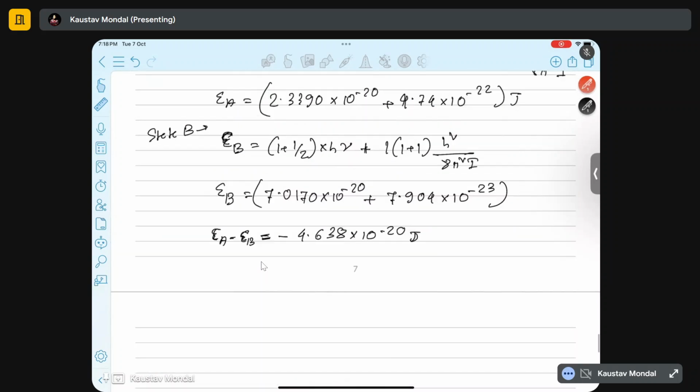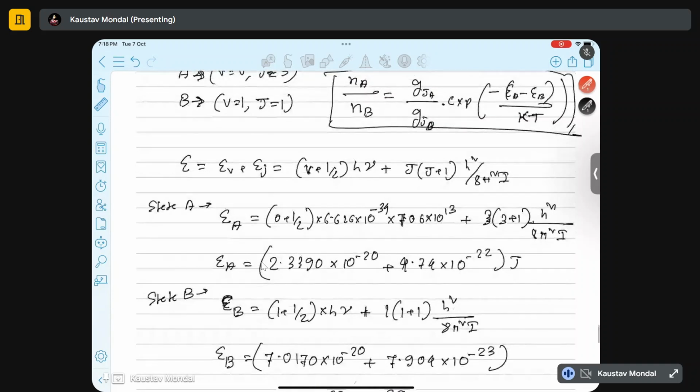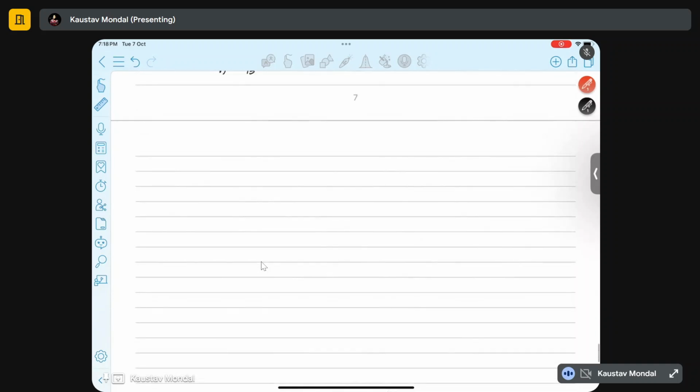Now we know that each state also has some degeneracy factor associated with it. So each state has degeneracy factor Gj equal to 2 into J plus 1, right?